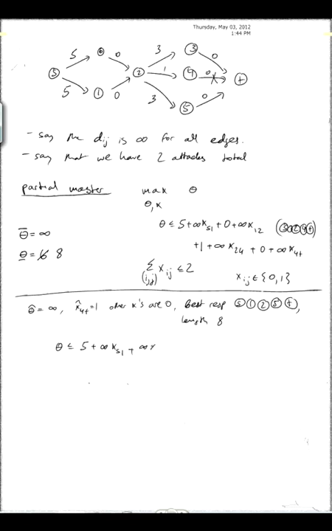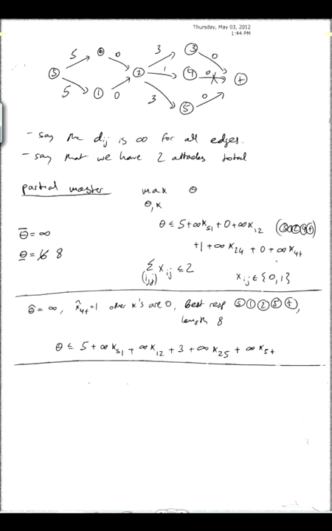So it's just going to be infinity times x12 plus 3 plus infinity times x25 plus 0 plus infinity times x5t. That would be the new constraint that we add to the partial master. So that completes our first time through the loop.